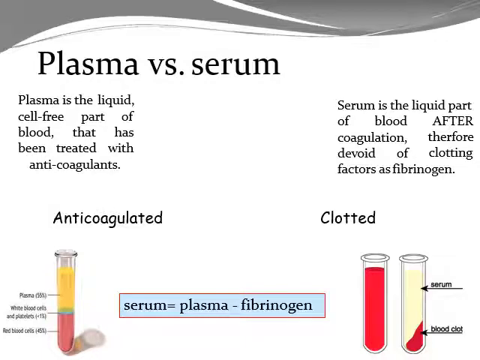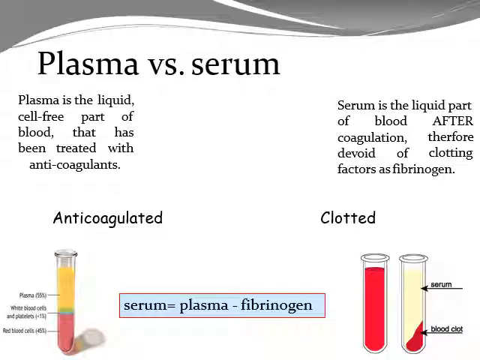See here the difference between the plasma and the serum. Plasma is the liquid portion of the blood, which does not have the blood cells, and that has been treated with anticoagulants. Then what is serum? Serum is a liquid part of the blood which has not been treated with anticoagulants.